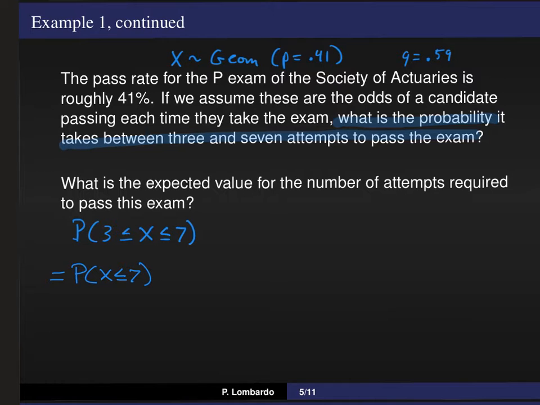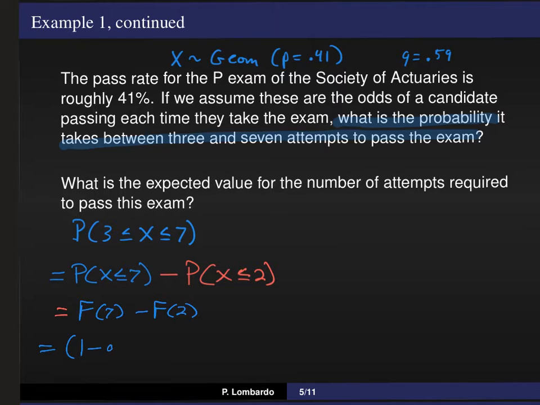And then we want to essentially just erase the probabilities that are less than 3. So we can erase the probabilities that are less than or equal to 2. And this is now written in terms of two CDF values. So we can think of this as just being F of 7 minus F of 2.